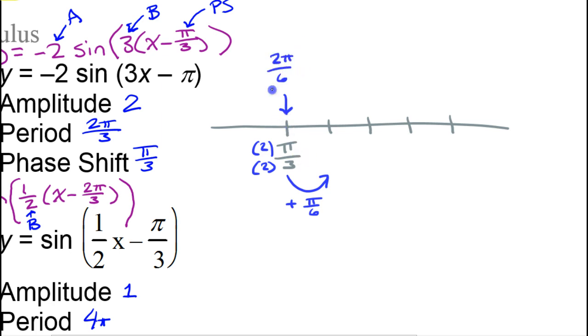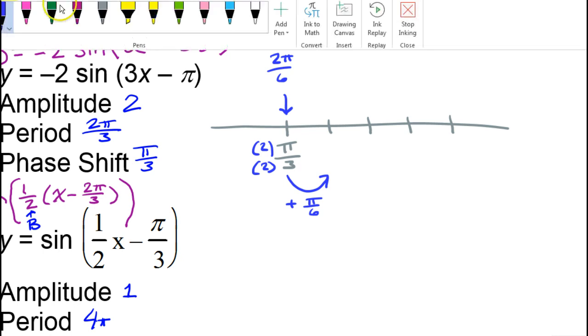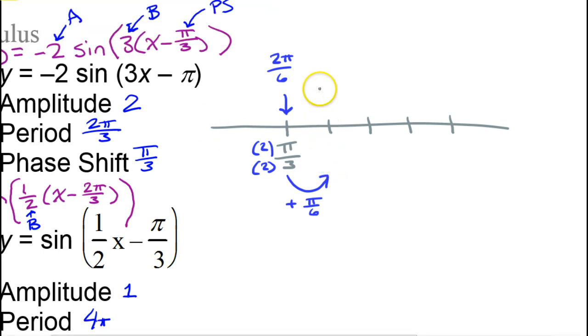So if I take 2 pi over 6 and I add 1 pi over 6, that's going to give me 3 pi over 6. I'm writing it up here because I know that that will reduce down to pi over 2. I'll erase that in a minute. So now I have 3 pi over 6. If I add another pi over 6, that would be 4 pi over 6.